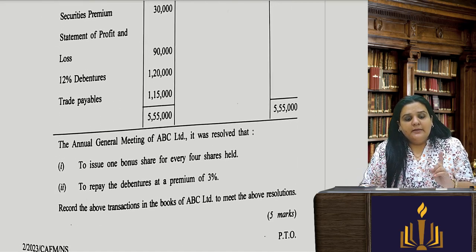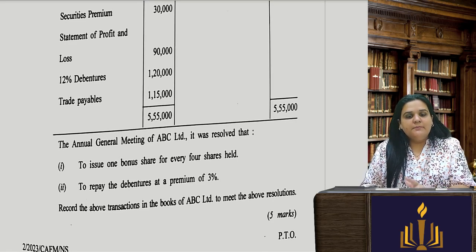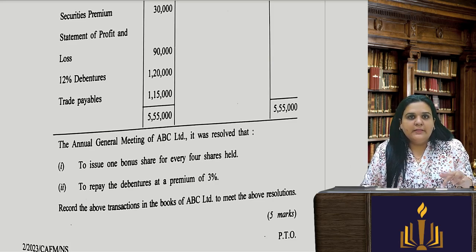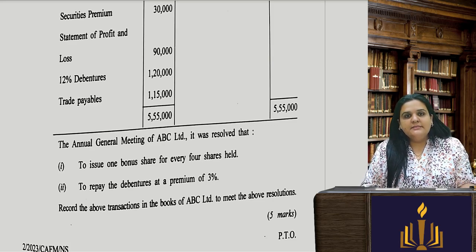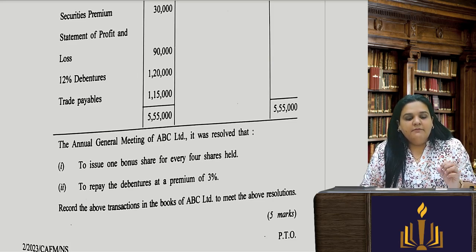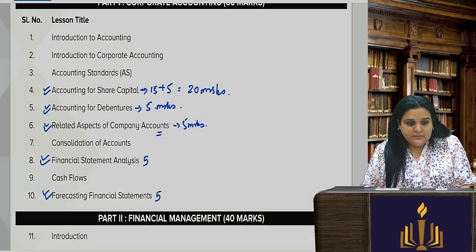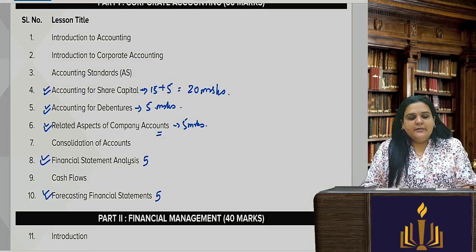Okay, then coming to the C part, balance sheet they have given us, and they have told us that there is a 1 bonus share to be issued for every 4 shares held, and we have to repay the debentures at a premium of 3%. We have to record these transactions both together. There is a bonus shares also to be issued, and then there is a redemption. Okay, repay the debentures at a premium, and we have to pass the transactions in form of journal entries.